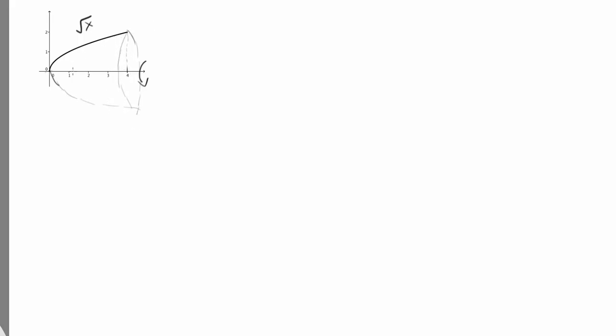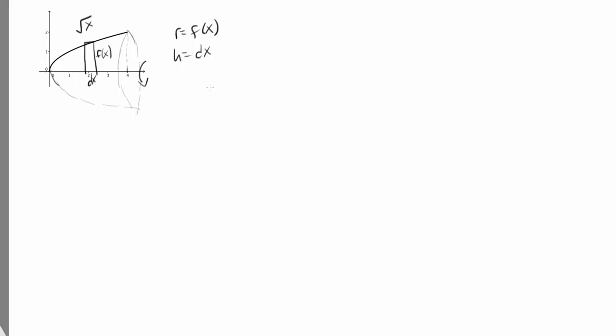So essentially the way I do this is I look at what I call one representative rectangle from the region under discussion. Now in this case, the height of the rectangle would be f of x, the width of the rectangle would be dx. When I spin that around, it's going to make a cylinder. The radius will be equal to f of x. The height of the cylinder will be equal to dx.